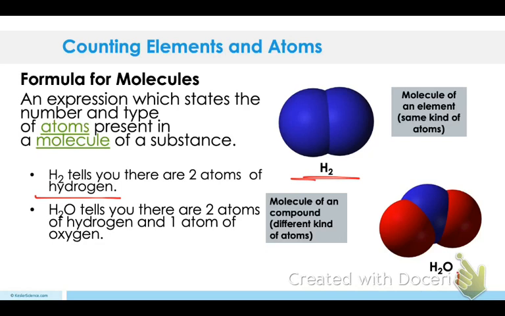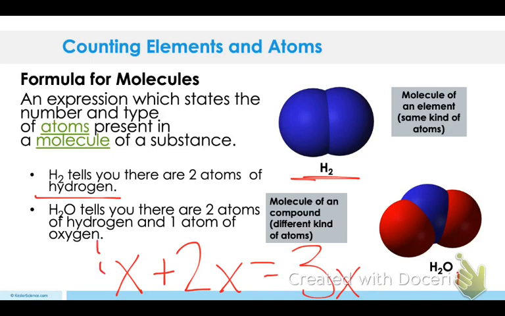It's kind of like in math when you have x plus 2x. How do we know that it's 3x? Well, in 6th grade you all struggled with that a little bit, but you have your imaginary 1. This is the same thing, except your imaginary 1 is the little subscript, the little number after the element. Go ahead and pause here if you're still writing.